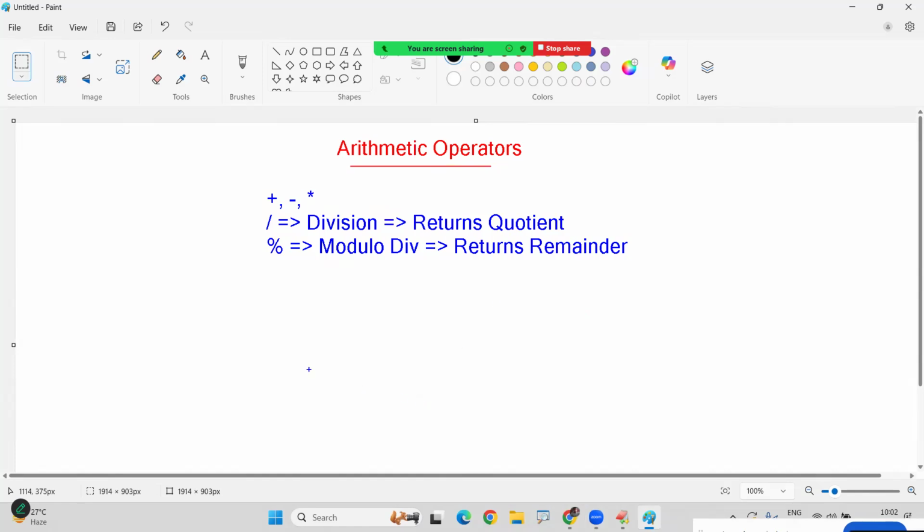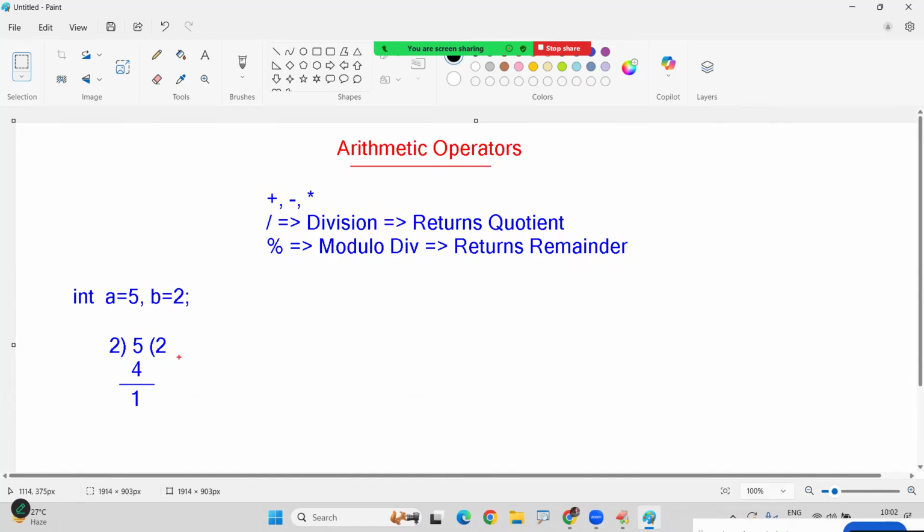See, simple example I'm giving. Integers I'm taking. Just remember. A equals 5, B equals 2. I'm just dividing 5 with 2. 2 twos are 4 and remainder is 1.